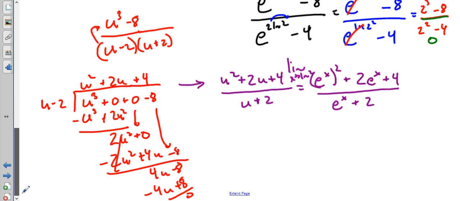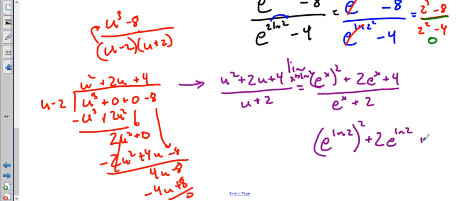Re-plug it back in there. We have e to the natural log of 2 squared plus 2 times e to the natural log of 2 plus 4 all over e to the natural log of 2 plus 2. There's another easier way I could have done it, but in any case, these cancel out.